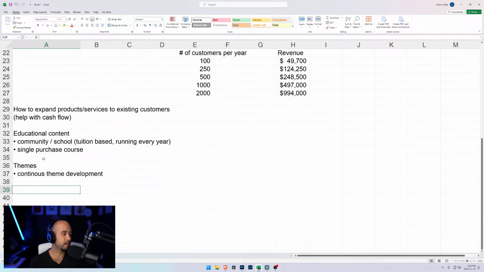And then what else can we have? The reason I say that is because if people are able to purchase themes outside of being a member, I think that's fantastic. Then people can just buy them, and that's just a source of revenue that will help maintain the cash flow of the company.